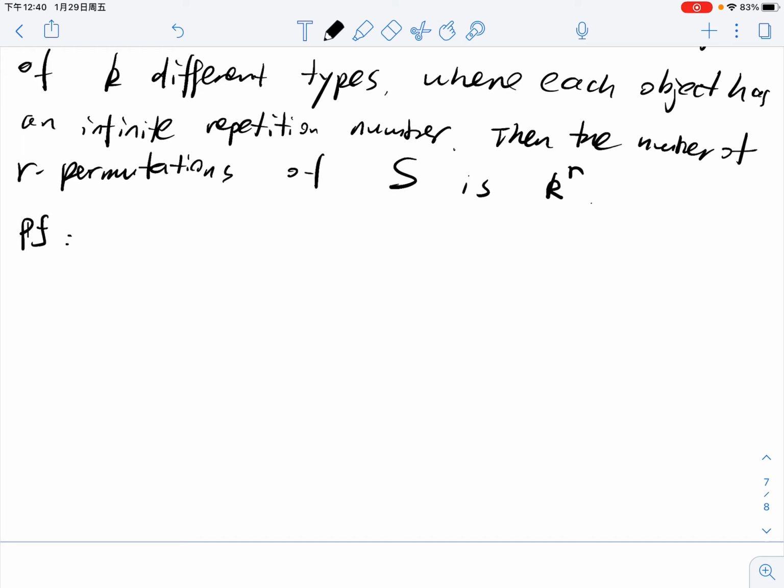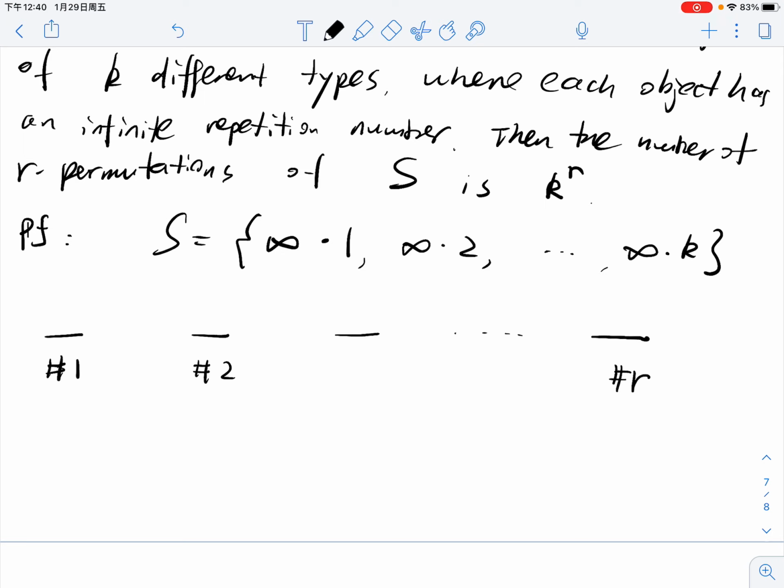This is because we first write the multiset in the following way, and then you have r positions. This r can be arbitrary, can be larger than k or even much larger than k.